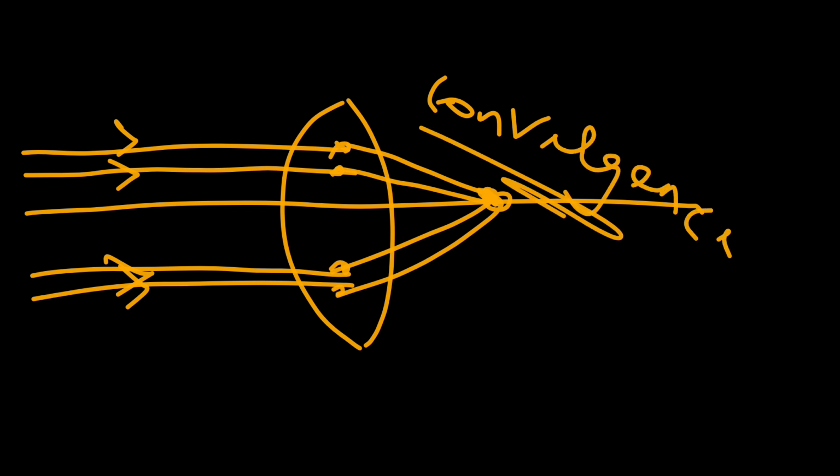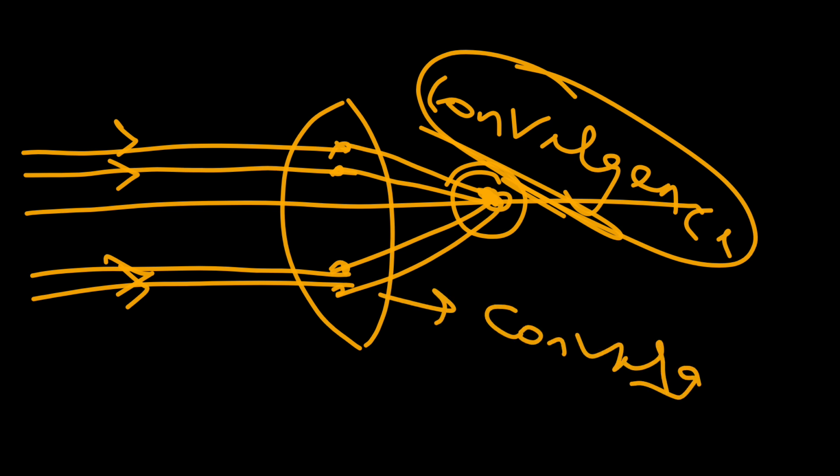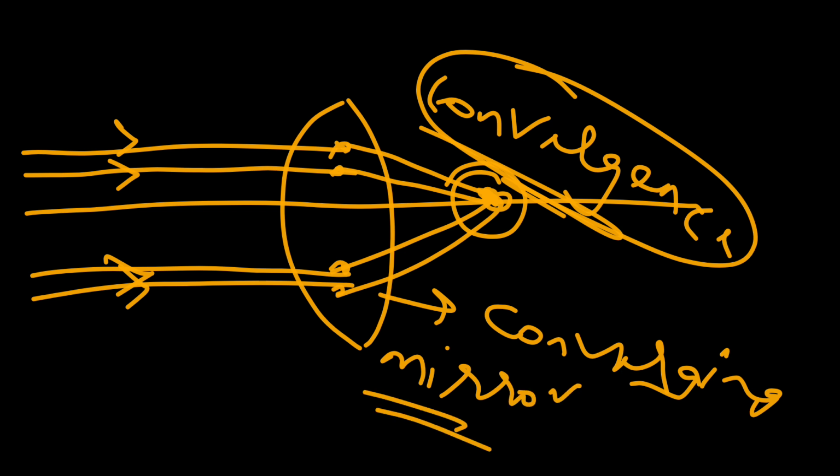Which means all the light rays come and meet at one point, and this property we call convergence, which means it converges parallel rays of light at one point. So this lens is also called the converging lens.